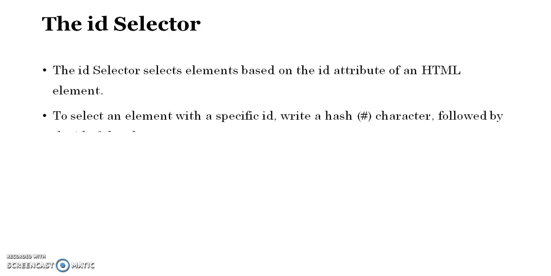Whenever you use the ID selector to write the CSS code, you have to provide the hash character first, followed by the ID of that element, like this. Suppose there is a paragraph with ID main, so to write CSS code you have to write hash main, then whatever CSS code you want to write for that paragraph. So the advantage of this is you can change the look of different elements uniquely because ID is unique for every HTML element.